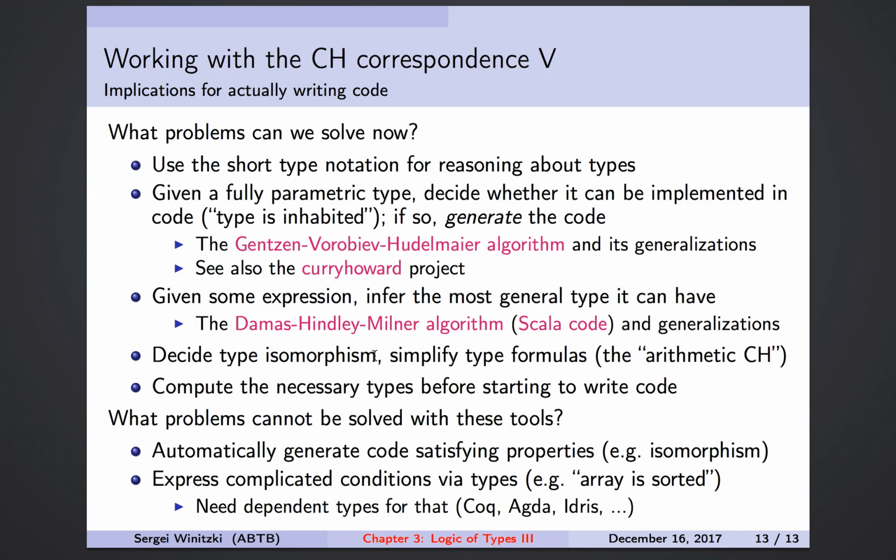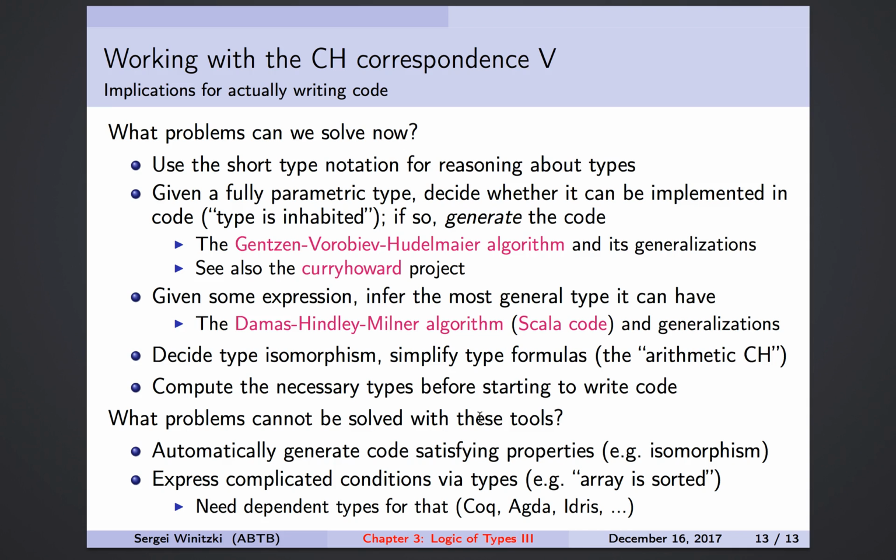As I showed, the logic correspondence does not give you type isomorphism information, but the arithmetic one does. So using these tools, you can compute the necessary types before you start to write code. And when you start writing code, you're guided by the types, and in many cases, it helps you write code correctly the first time.